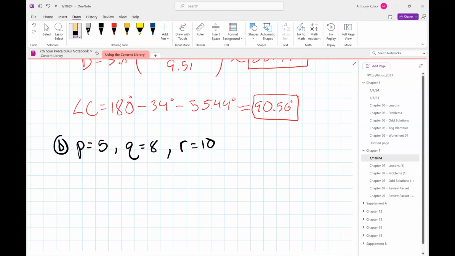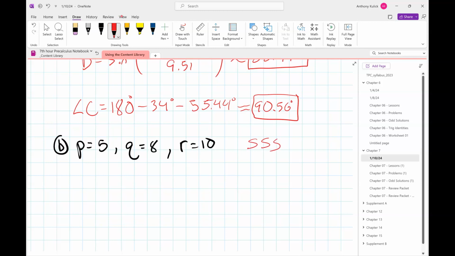Now, clearly what kind of situation is this? Clearly this has to be side, side, side. I just have 3 side lengths. That's the only possibility, right?